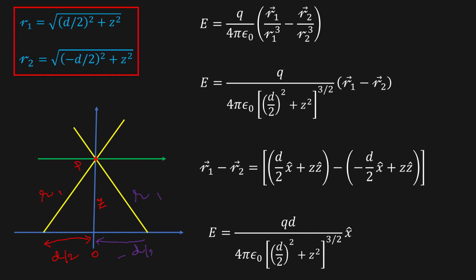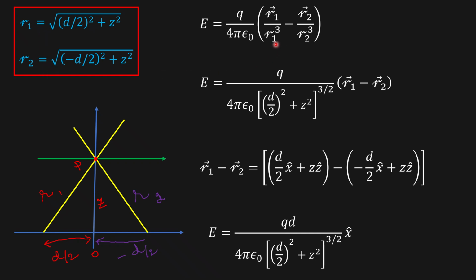Script R2 is equal to square root of minus t by 2 whole squared plus z squared. Anyway, minus t by 2 whole squared will become t by 2 whole squared. So script R1 and script R2 are the same.